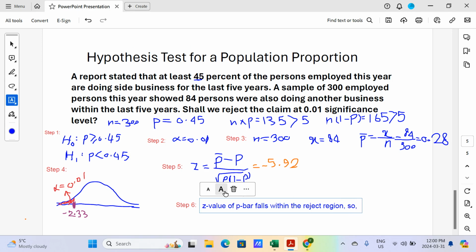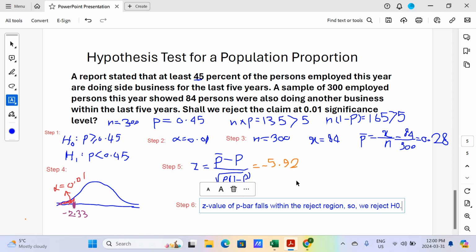So we reject H0. H0 was the claim. A report claimed that at least 45% of the persons employed this year are doing side business for the last 5 years. Now we concluded that we reject this claim because we rejected H0.